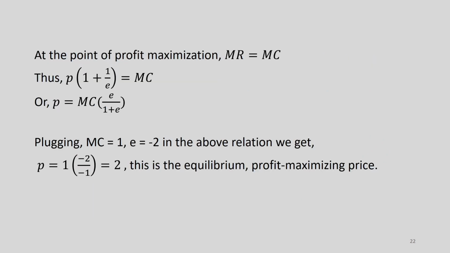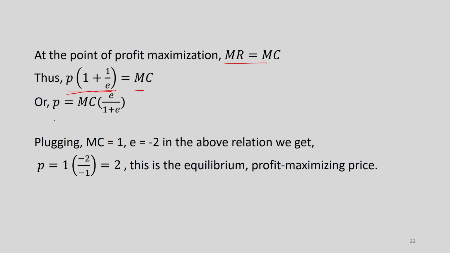Now, that is just one step. Now, as we know further, it is given in the question that at the point of profit maximization, MR is equal to MC, okay, that is given. Now, we use that fact and the fact that marginal revenue is this, the left hand side, P multiplied by 1 plus 1 divided by e, and that is equal to MC in the equilibrium.